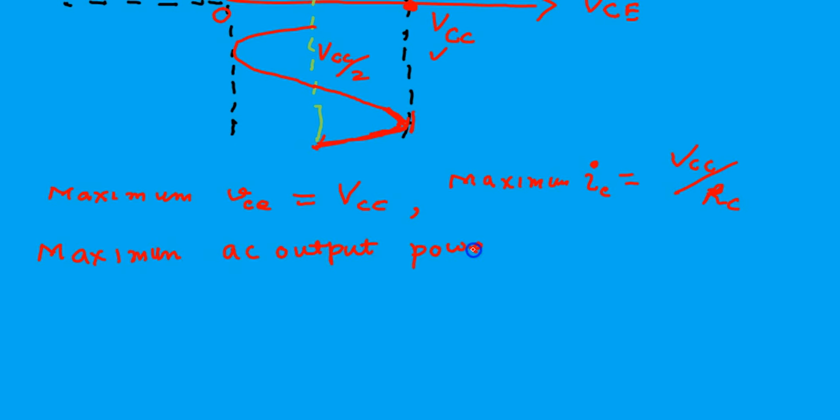Using the relation which we just derived, the peak to peak voltage times the peak to peak current divided by 8 is the output power.